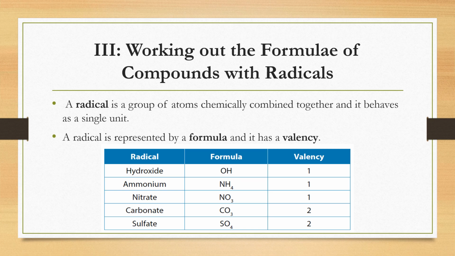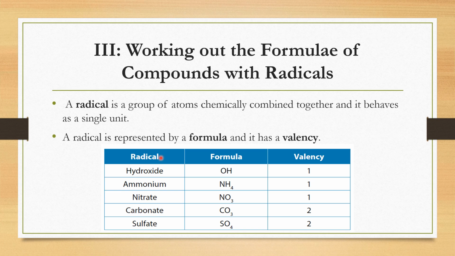Let's see how we work out the formulae of compounds with radicals. So, what is a radical? A radical is a group of atoms chemically combined together, and it behaves as a single unit. You will recall a radical is represented by a formula and it has a valency.